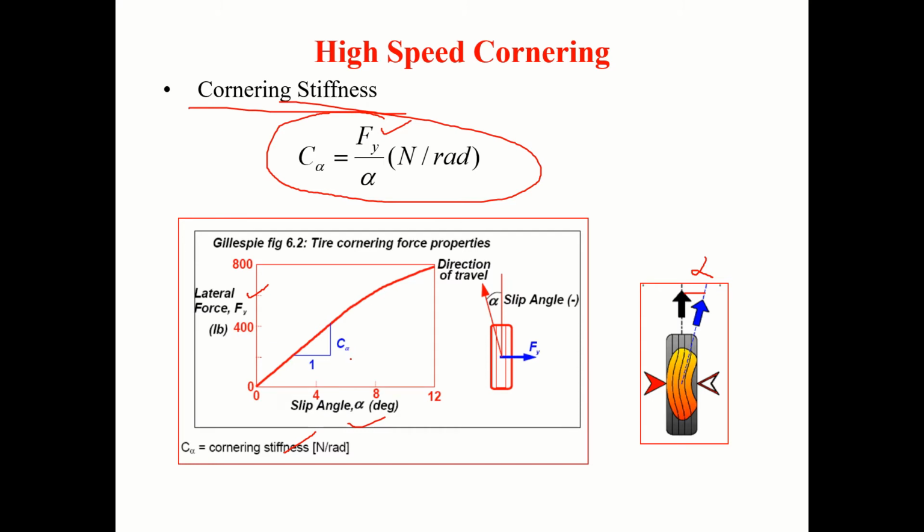The slope will give you C alpha, the cornering stiffness. Up to a certain slip angle, the relationship will be linear. If we apply more lateral force, the lateral force capability will come down. Correct? It is better to use well within this linear range.